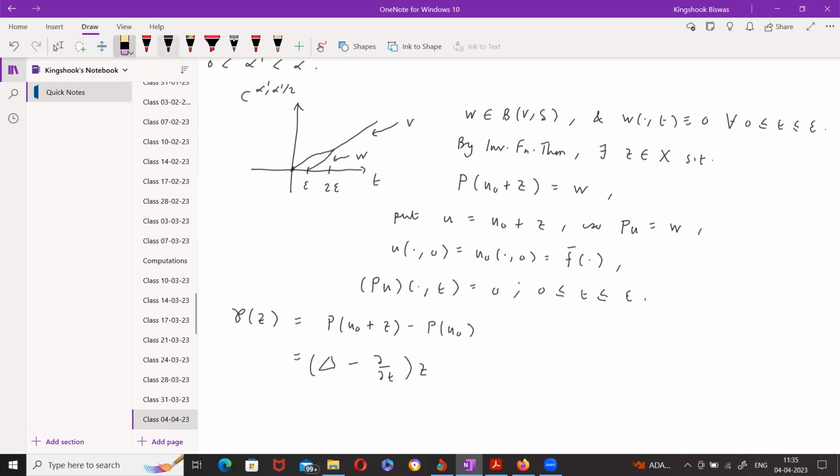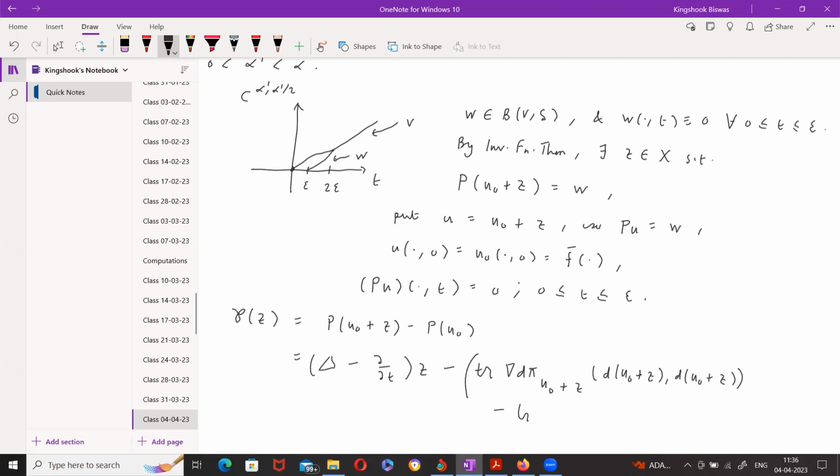minus trace of nabla d pi at the point u naught plus Z acting on d of u naught plus Z, d of u naught plus Z, plus, so I'll just take the minus in brackets here.